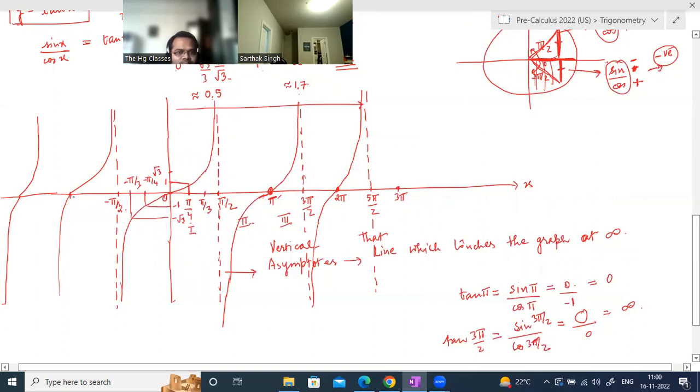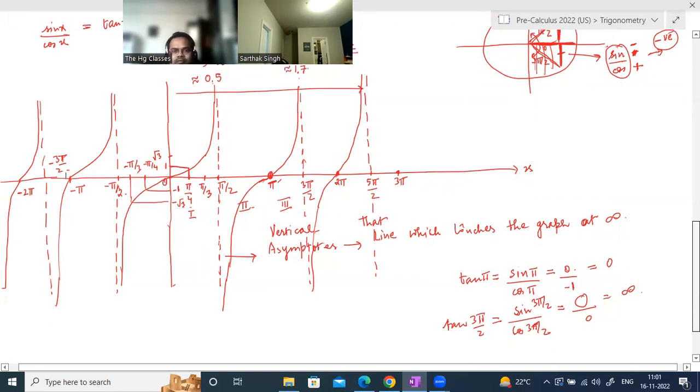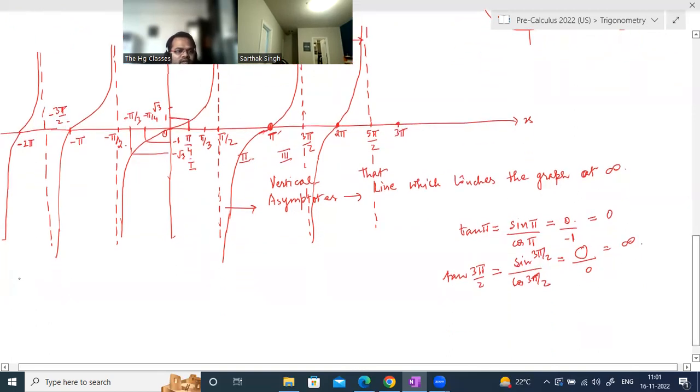This will be a multiple of pi, right? And this will be negative pi. This will be negative 2 pi. And this vertical line will be negative 3 pi over 2. So it has a lot of vertical asymptotes.